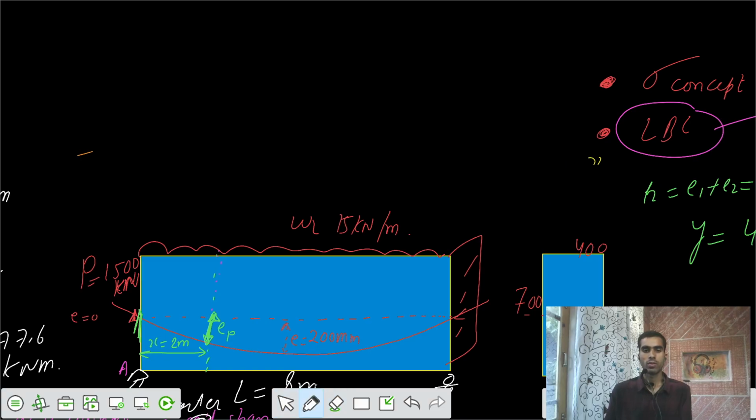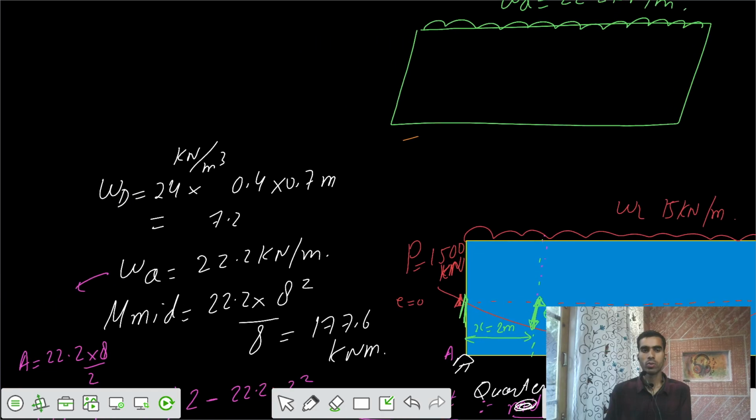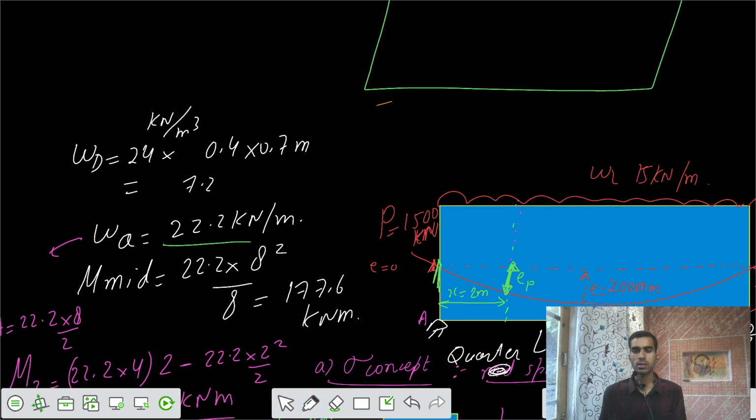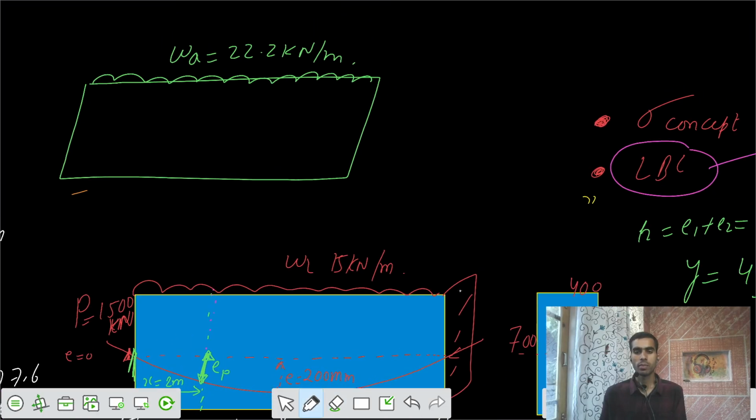This can be converted to a beam having the UDL of W all, equal to 22.2 kilonewton per meter, because of live load and dead load, and this should be balanced by some balancing UDL WB.